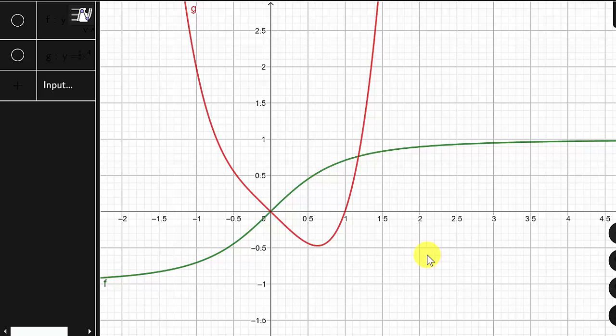Okay, so here's your graph. Now we know this is going to intersect at 0, but now we need to find this. So how would we go about finding that? And your other question might be, well, what if we don't have a computer program to graph these things? Well, I'll explain that in a minute.